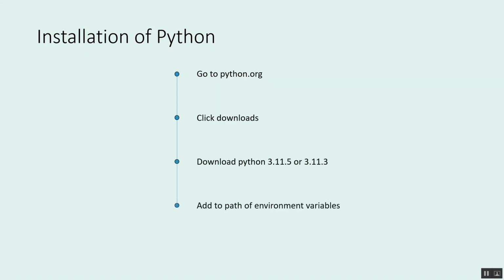And then during installation you have to check the checkbox for adding the path to the environment variables. And then in the end, in order for us to check if Python was successfully installed on our computer, you have to check the version using this command, python space -v.